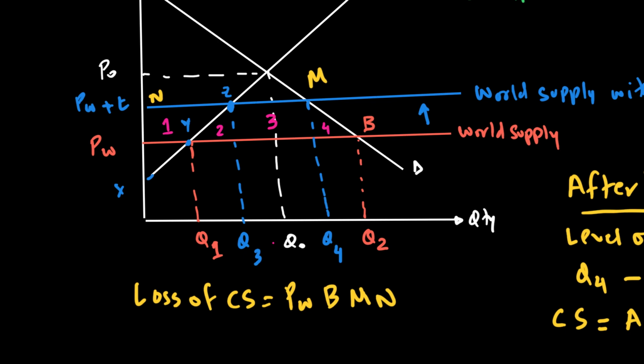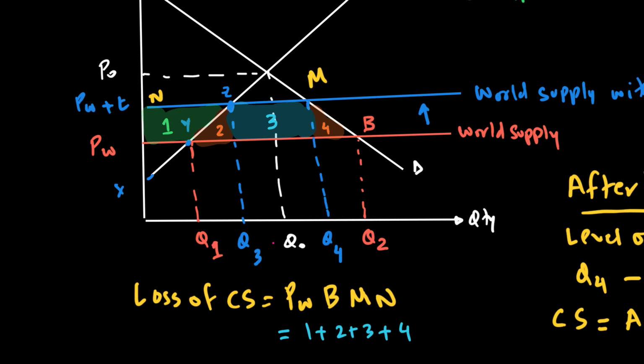So just to clarify, area 1 is this region, area 2 is this, area 4 is this, area 3 is this blue region, and area 4 is already marked. So basically area 1 plus 2 plus 3 plus 4 is my loss of consumer surplus.